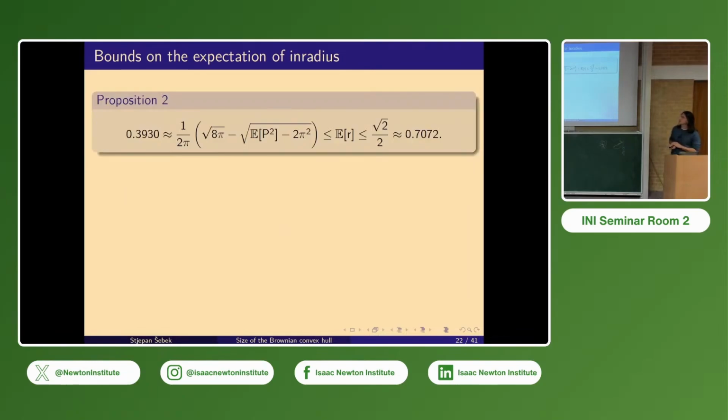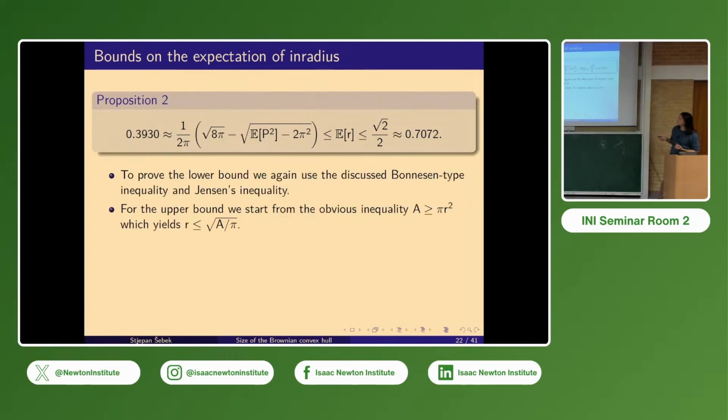When it comes to the inradius, we actually did use this lower bound from this Bonnesen type inequality, and it gave us this 0.393. For the upper bound, we just used the observation that the area of this hull is, of course, bigger than the area of the biggest inscribed circle.